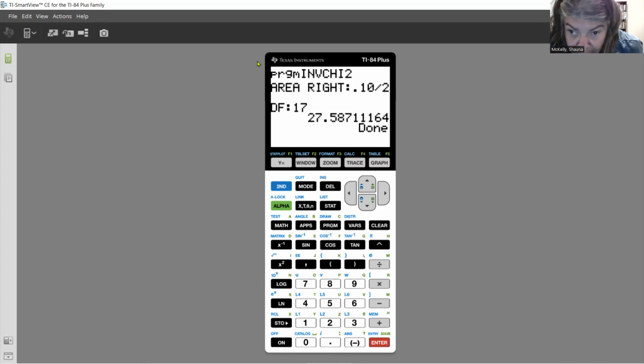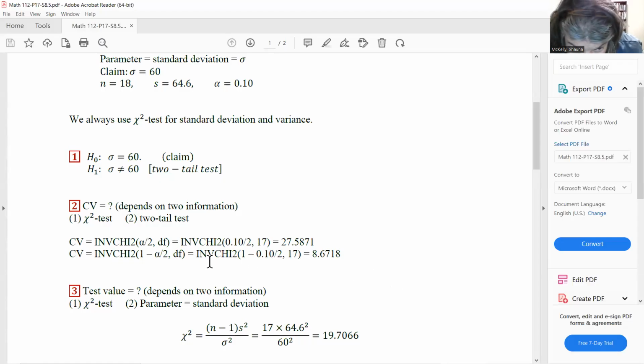So my critical values here are as follows. Okay. Inverse chi squared of 1 minus alpha over 2 in df is 8.6718. And my chi right is 27.5871.